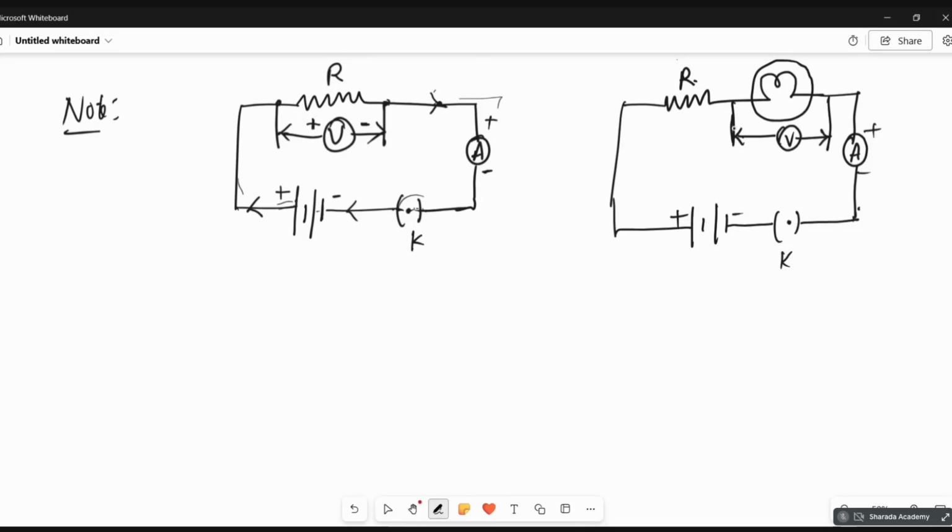Here also the positive terminal of the battery goes to the positive terminal of the voltmeter, negative to negative.